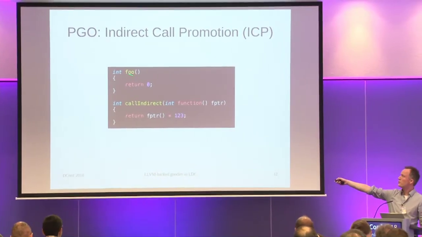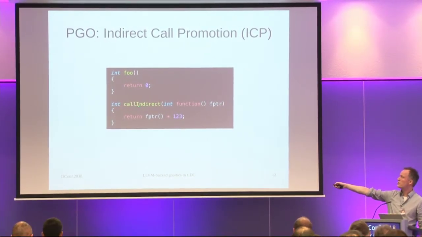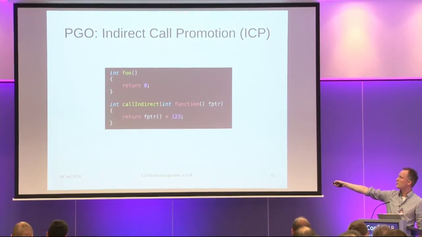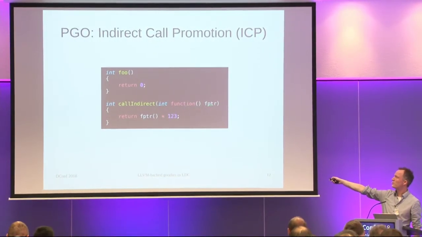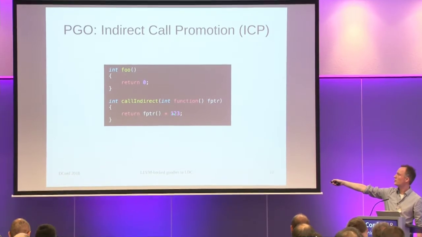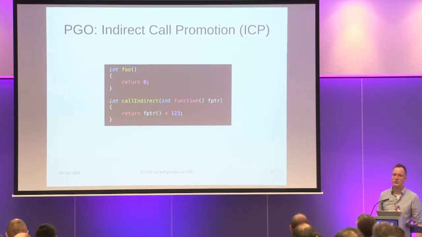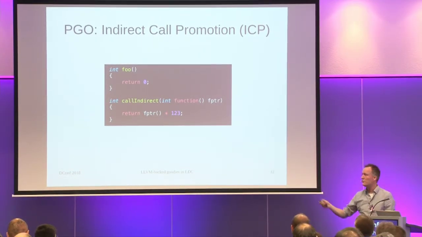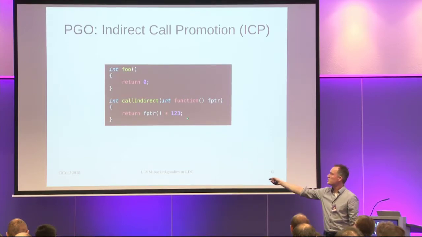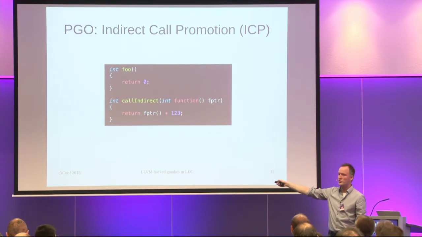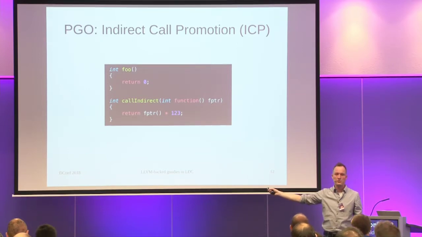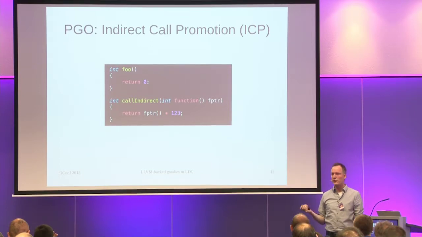We have a function foo, return 0, and there's a function callIndirect, which takes a function pointer, so it could be anything, and it calls the function and multiplies it with 1, 2, 3. Now this is basically hard to optimize, right? We don't know what the function pointer is, it could be anything. So we're done optimizing here, except that we could profile the value of this function pointer at runtime.